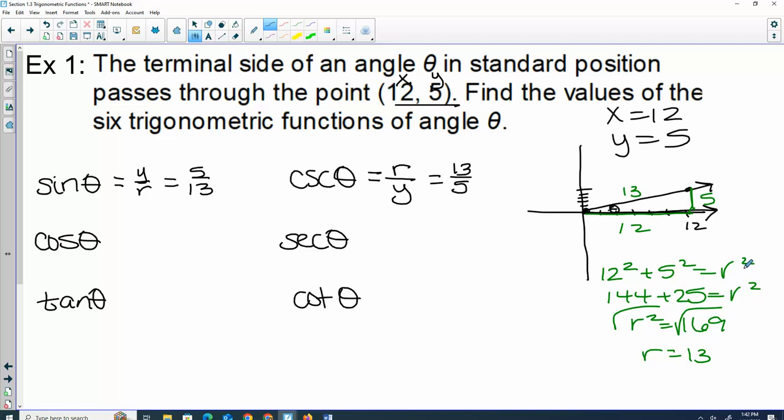Is that okay? So cosine, if you remember the definition, cosine is x over r, or you can think adjacent over hypotenuse. My x is 12, my r is 13, or I can think from my angle, my adjacent side is 12, hypotenuse is 13. Secant of theta is a reciprocal, so r over x, or just flip your fraction, 13 over 12.